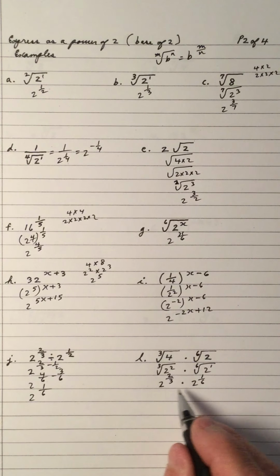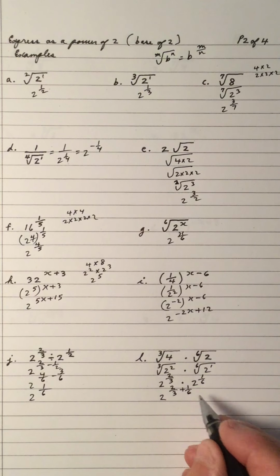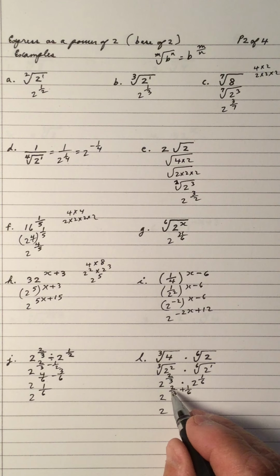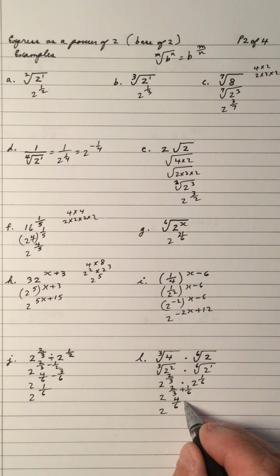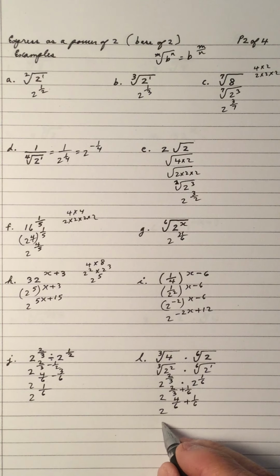And because we're multiplying with the same base, we will add the exponents. The common denominator for 3 and 6 is 6. 3 into 6 goes 2. 2 times 2 is 4. 6 is the common denominator. 1/6 is 1/6.